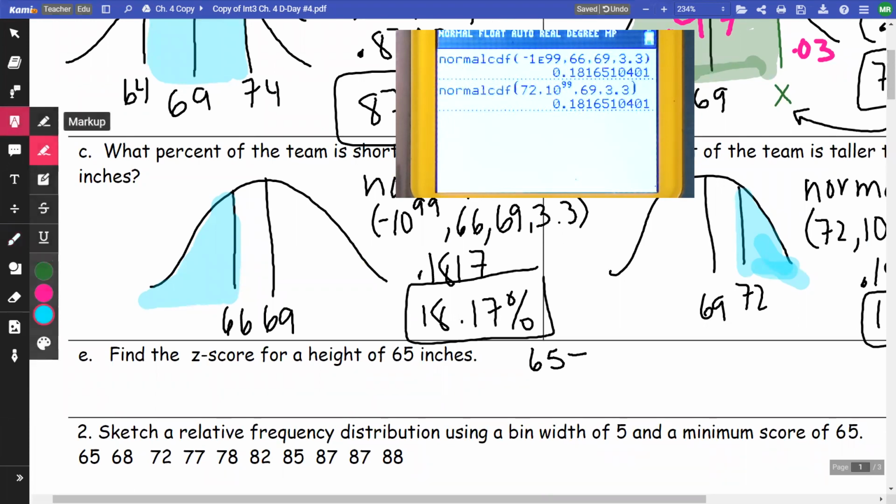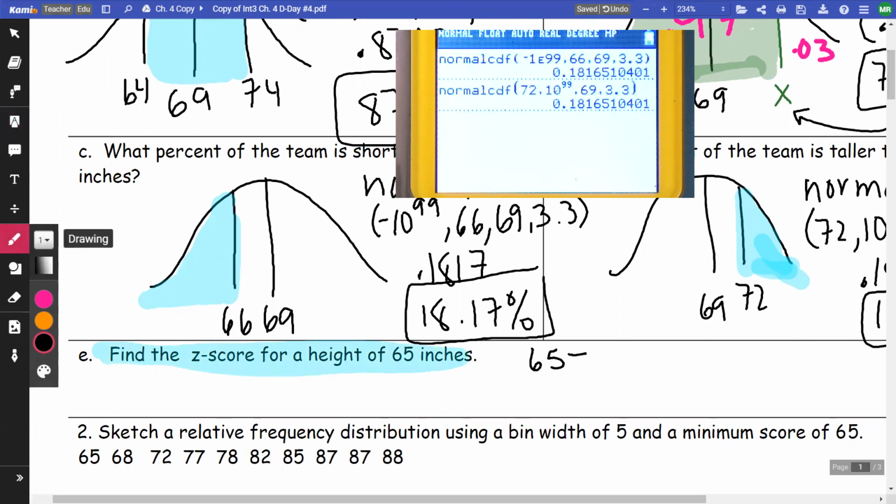Okay, so we're here. This is where I am. We're going to subtract it from the mean to see how far off the mean we are, which is 4 below the mean, because we're going to get a -4. And every deviation is 3.3. So we're going to be a little more than 1 deviation in the negative direction.